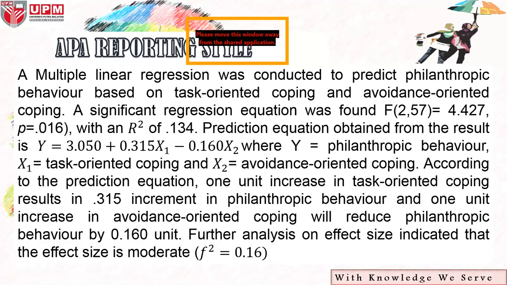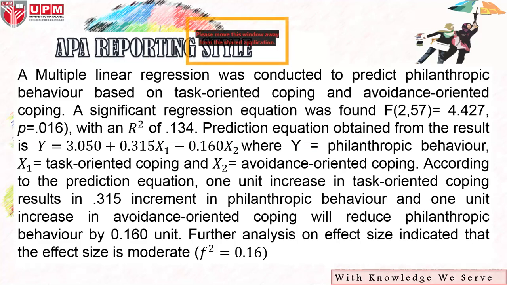The prediction equation obtained from the result is y equals 3.05 plus 0.315 x1 minus 0.16 x2, where y represents philanthropic behavior, x1 task-oriented coping, and x2 avoidance-oriented coping.